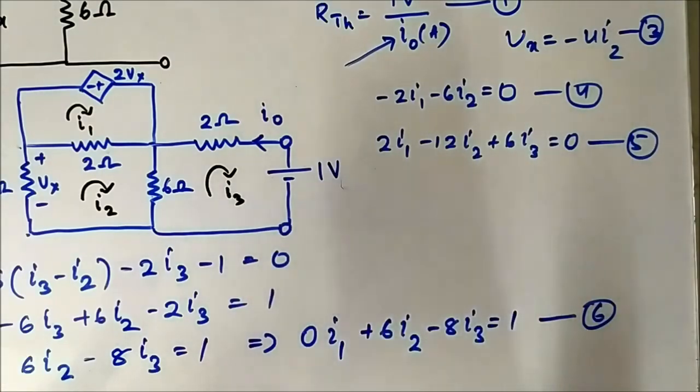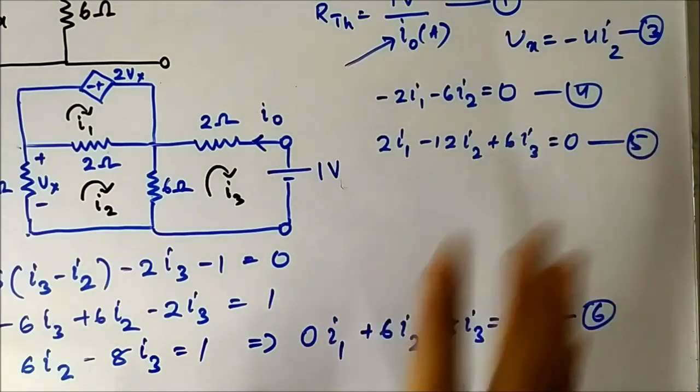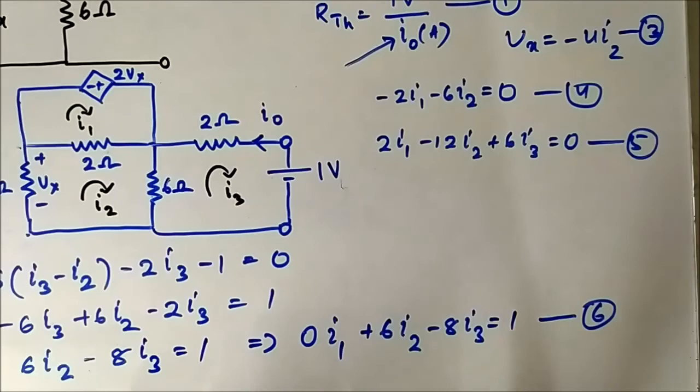I have already discussed Cramer's rule of solving mesh equations in the previous video related to mesh analysis; you can check that out there. Here I will be directly finding the values using scientific calculators. So let us put in the values.